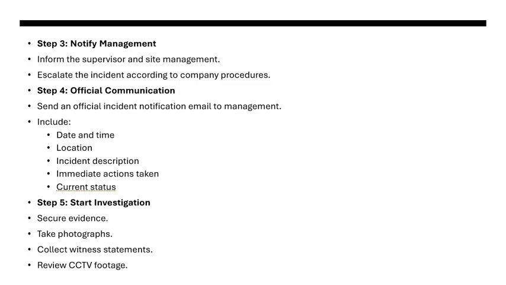The fourth step is official communication. Send an official incident notification email to the management, including the date and time of the incident, location, incident description, immediate action taken, and current status.